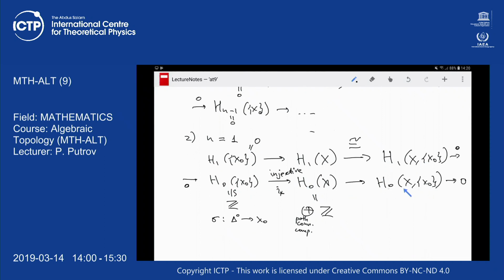But here we have the bottom row, now considered as a short exact sequence, and as we have for any short exact sequence, the last term of the short exact sequence can be understood as a quotient of this guy over this guy, because this is exactly equal to the kernel of this map.